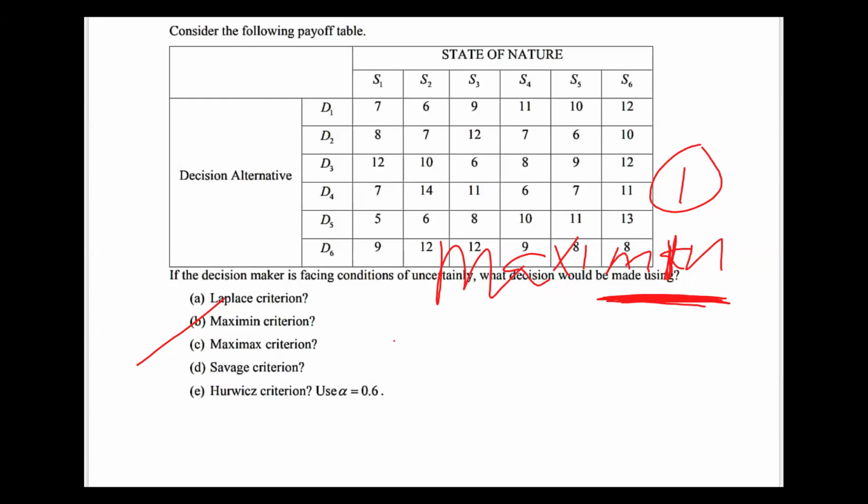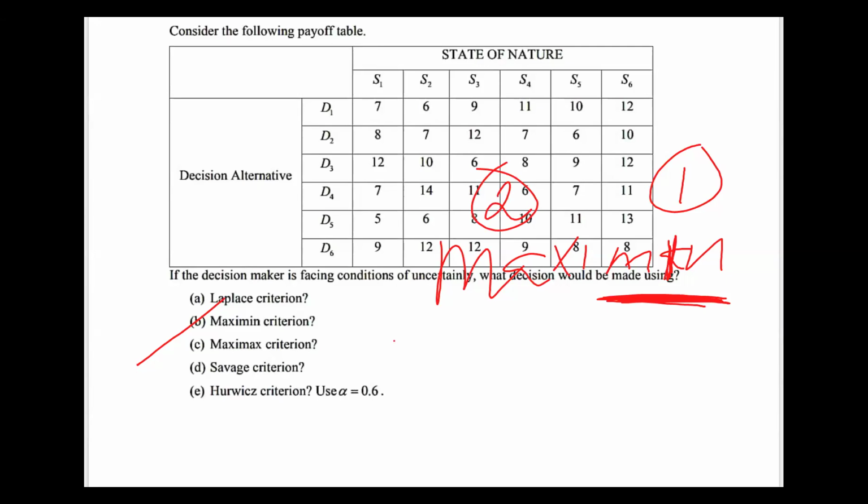In each of the decisions, look for the minimum. Then afterwards, you choose the maximum from the minimums. That is how you use the max-min approach. The clue is, please read it from right to left. Start with the minimums, then get the maximum. We are good? Yes, sir.